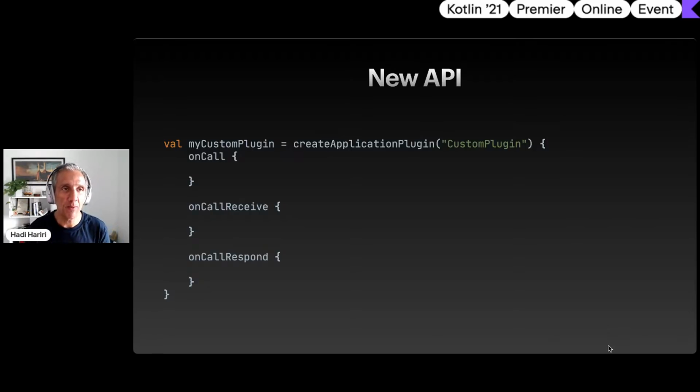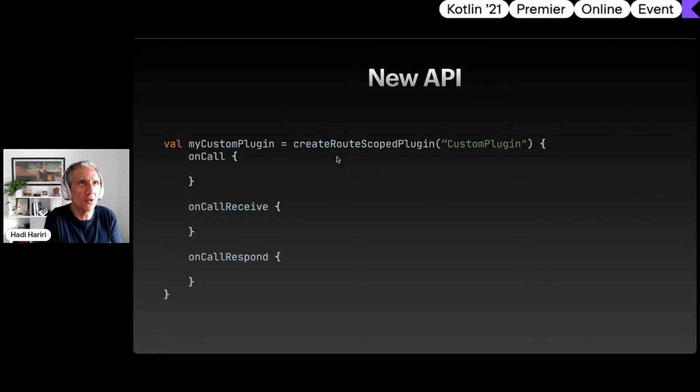And one other aspect that we've done, and you notice here that we have the concept of an application plugin, which means that this is a plugin that is installed for the entire application, meaning that any request that comes in, any call, is going to go through this process. Now, we've also created another type of plugin, which is called the root scope plugin, which essentially boils it down to a specific route, meaning that I only want this plugin to act on this specific route.